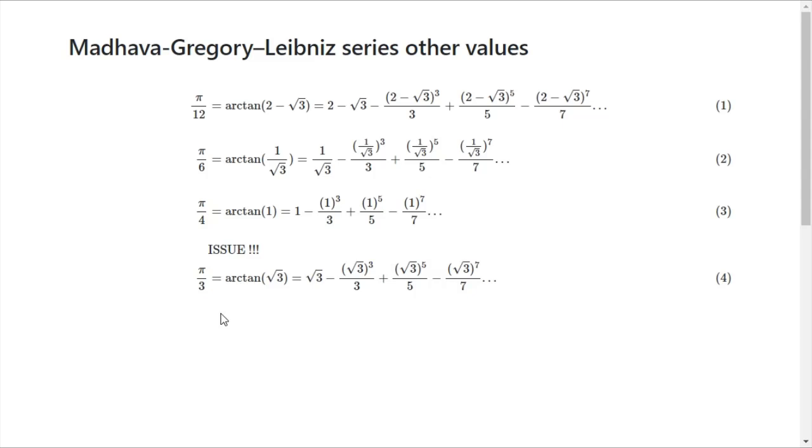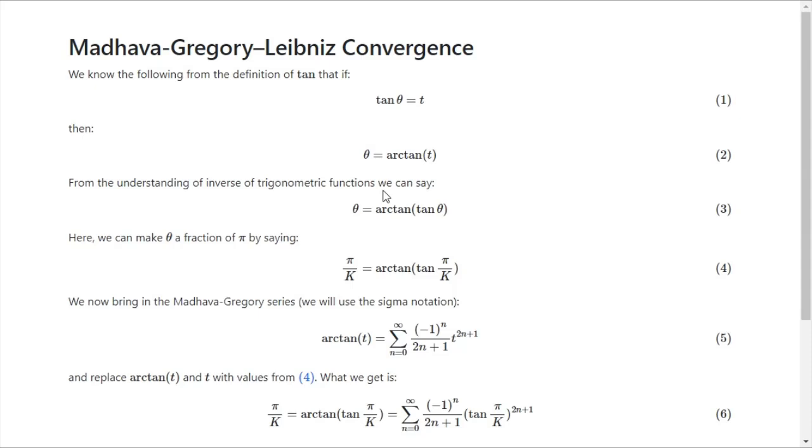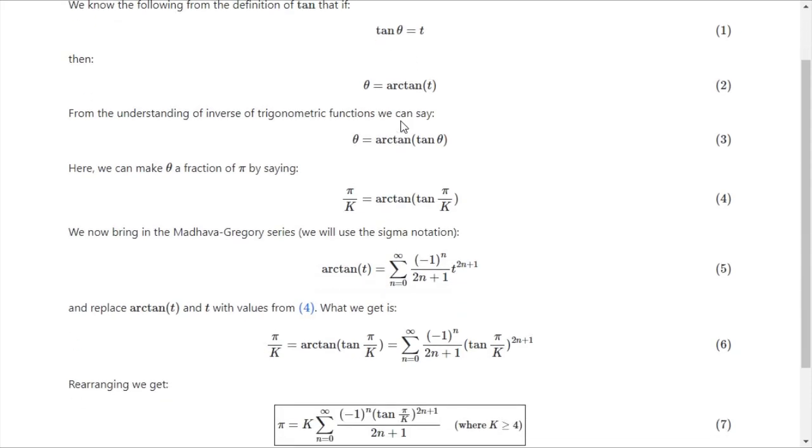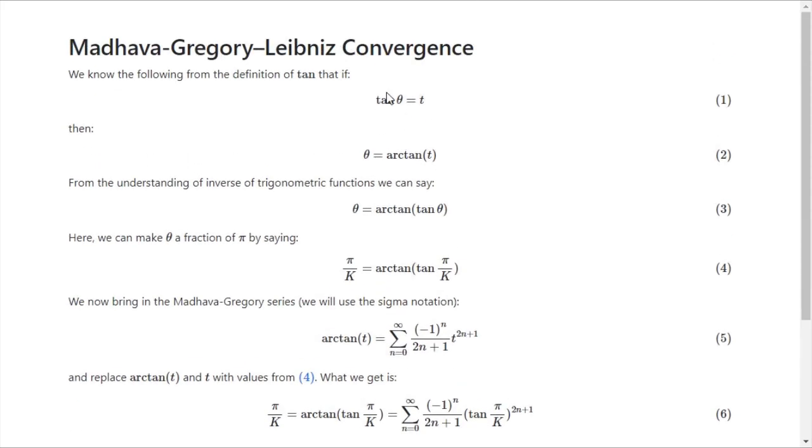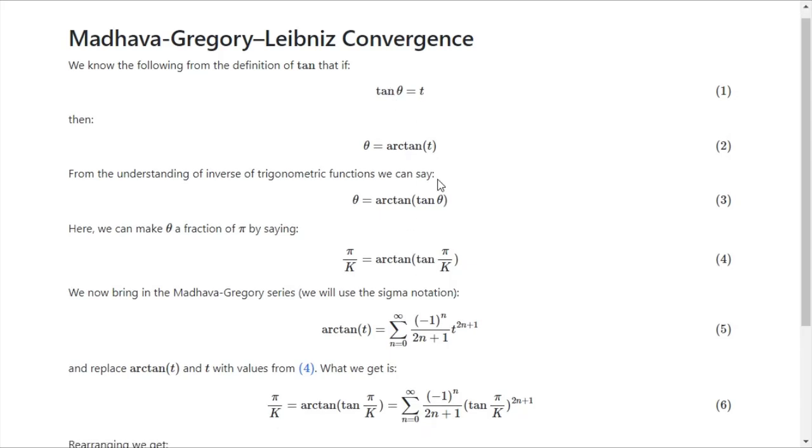But at that same time I noticed that there's a particular pattern to arctan. And I began to realize that if there was this pattern, that means there was a formula behind it.